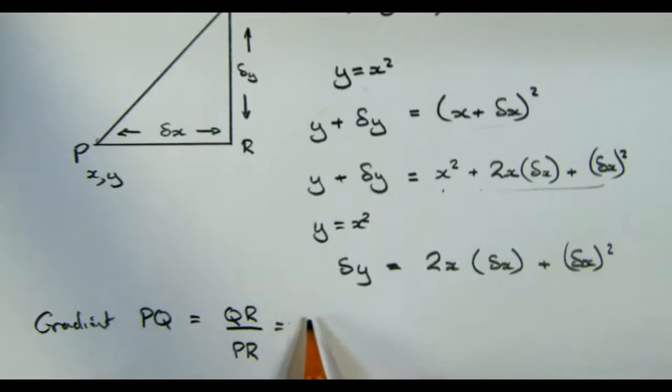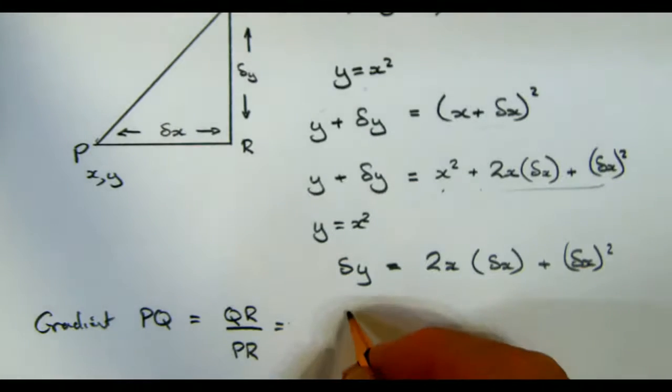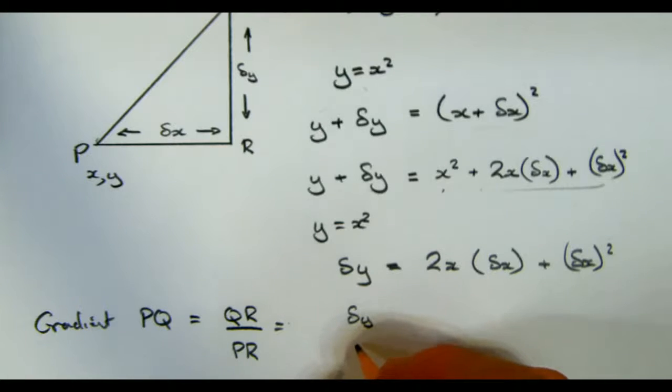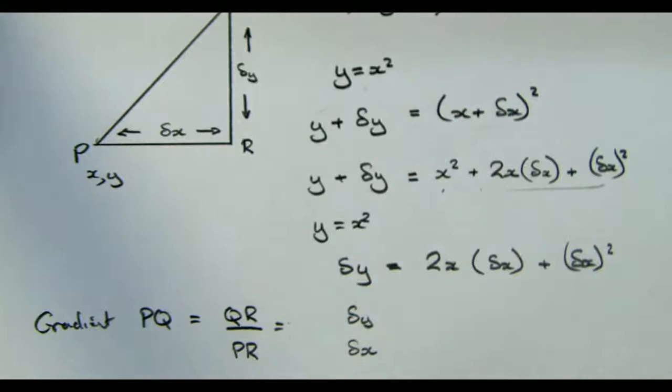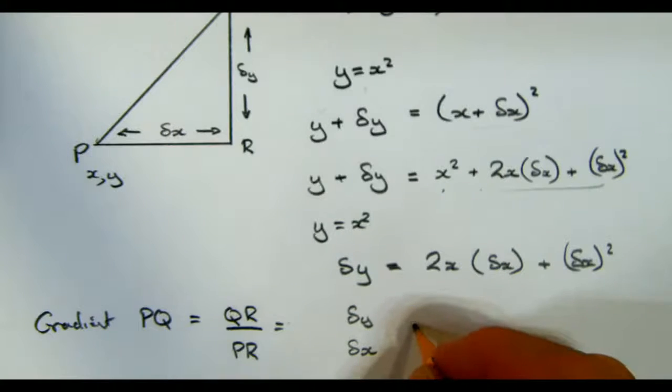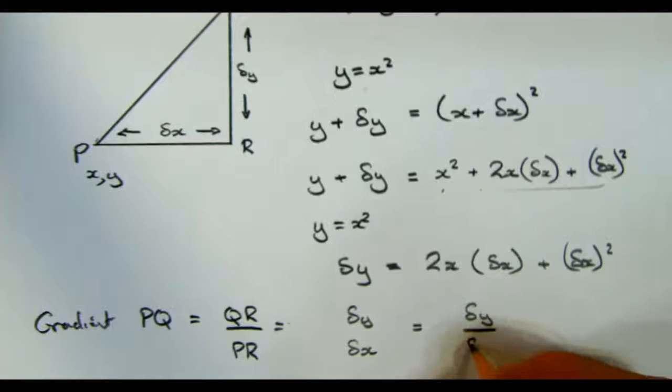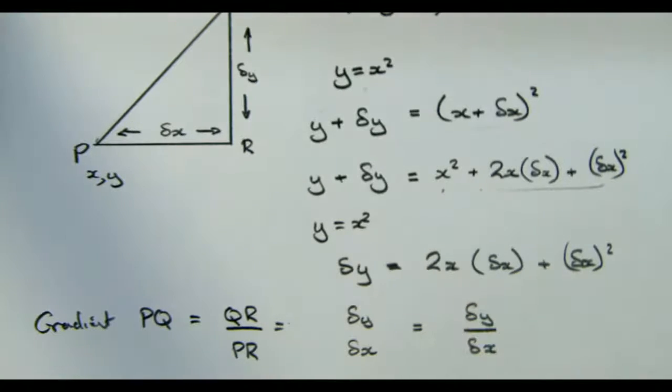QR is the change in y, which we're going to call delta y, and PR is the change in x, which we're going to call delta x. So our gradient is going to be delta y divided by delta x.